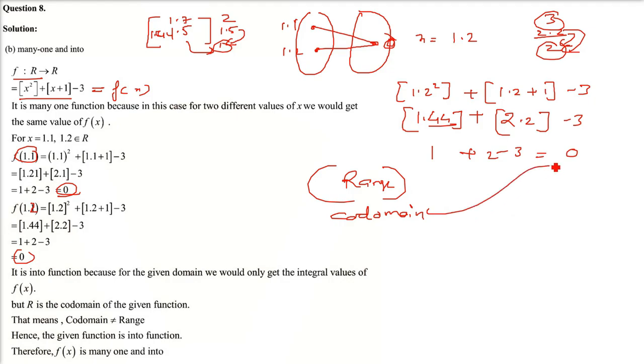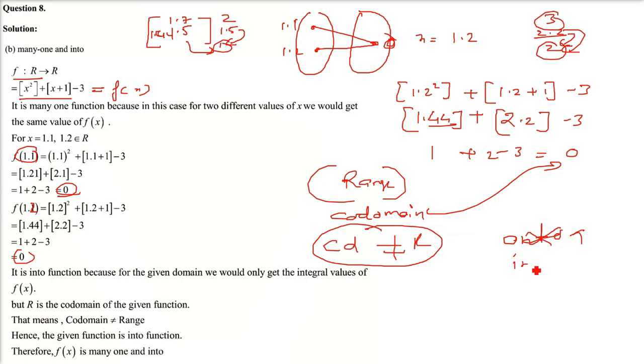Codomain will always give you an integral number. Codomain and range, they are not equal, because the question is saying range is real number, but we are proving it to be only integers. So it is not onto. Therefore it is into. Codomain and range are not equal, that is, it is into. Only integers will come.